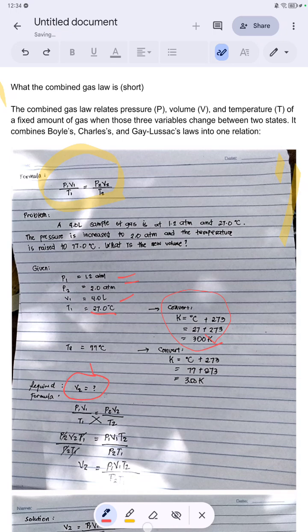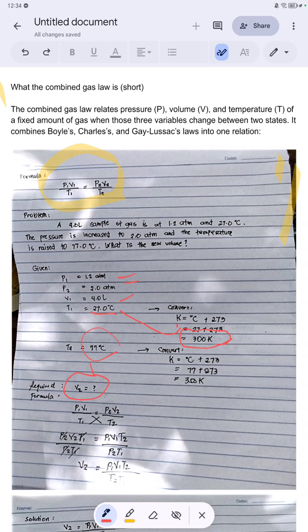How do we convert? Kelvin equals degrees Celsius plus 273. Substitute 27 here. So, 27 plus 273 is 300 Kelvin. And T2 is in Celsius, 77 degrees Celsius.